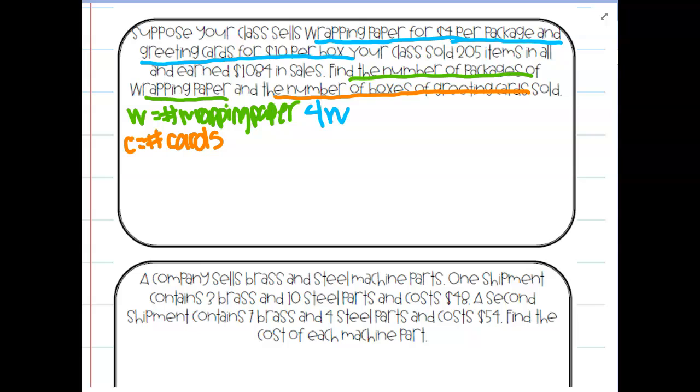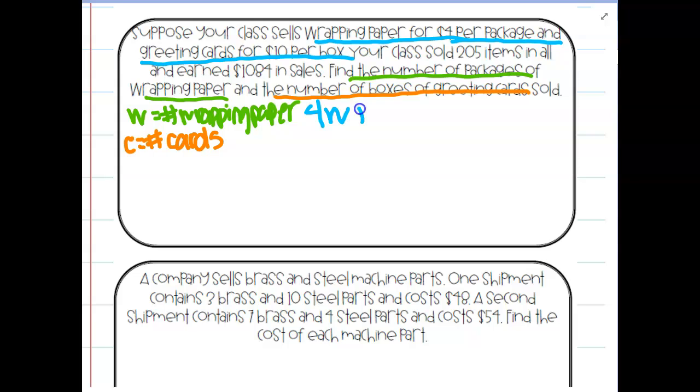When I got 40, 40 what? 80 what? Dollars, right? It'd be $40 for the wrapping paper. This is the money I'm making off the wrapping paper. Does that make sense?